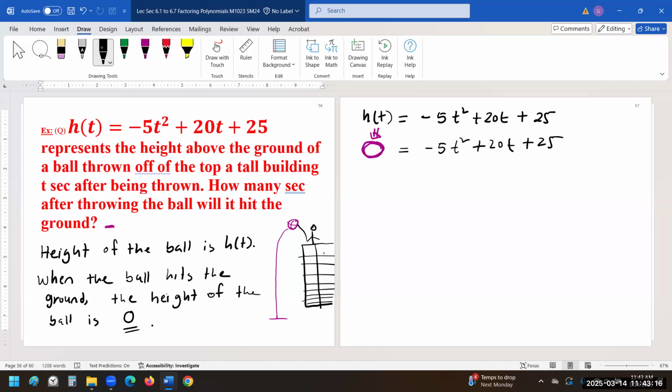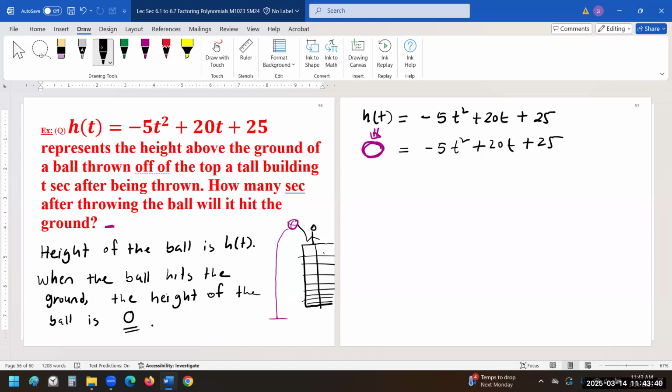So what do we do? It says after how many seconds. So what is our goal to solve for? After how many seconds the ball hits the ground? Seconds means time, right? Time means which variable?